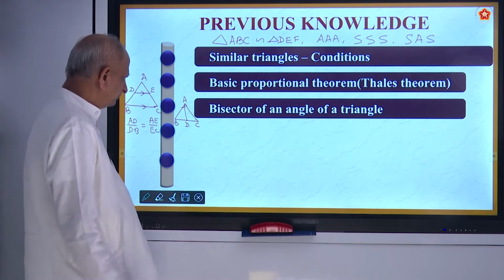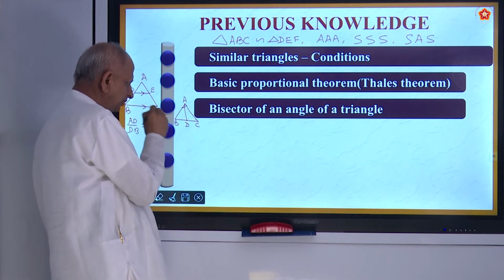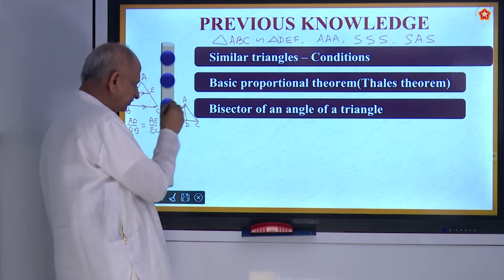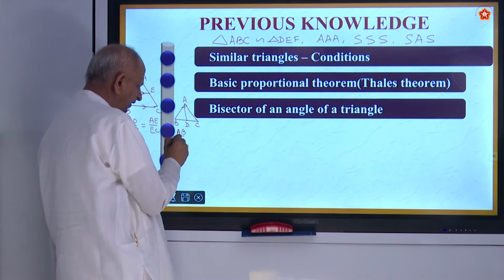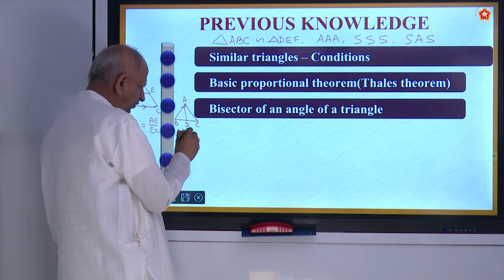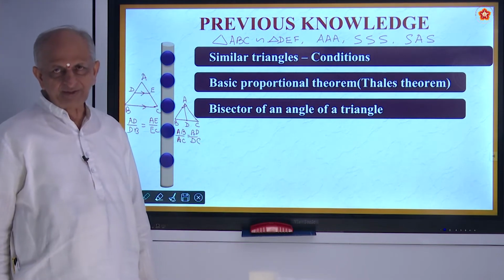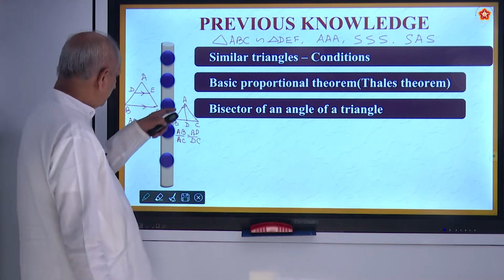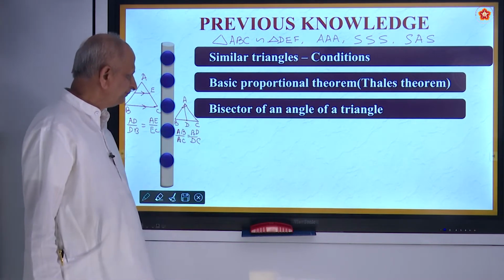Then this bisector divides the opposite side proportionally. Means AB by AC is equal to BD by DC. That is the meaning. If AD is a bisector, then you have AB by AC is equal to BD by DC.